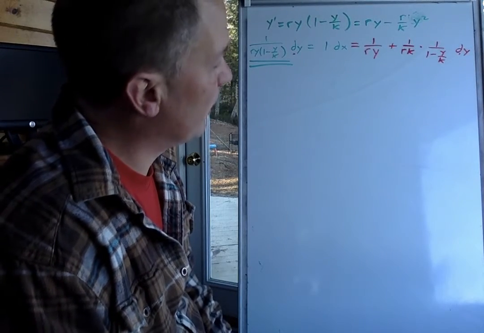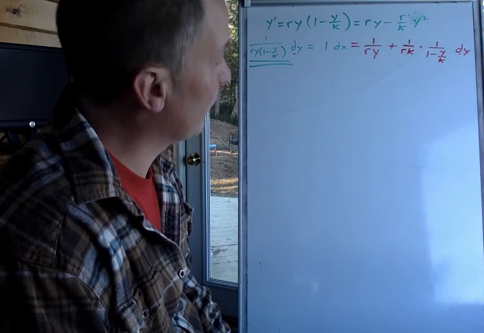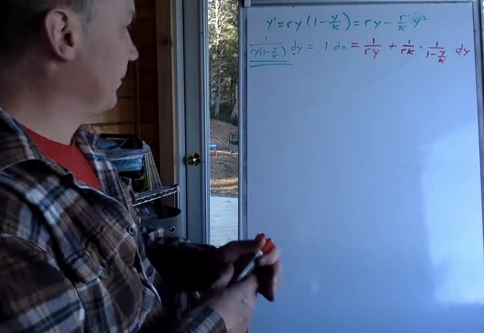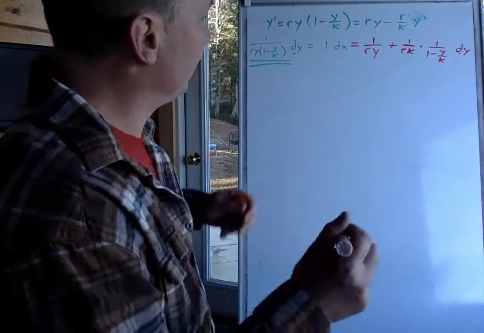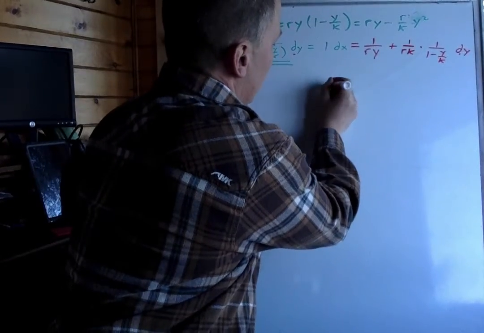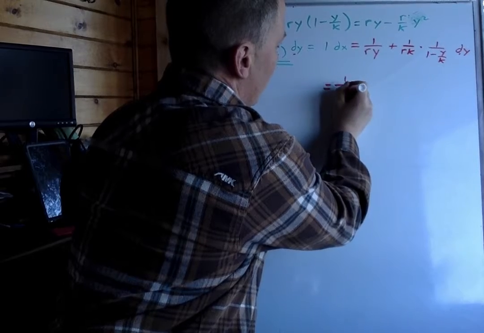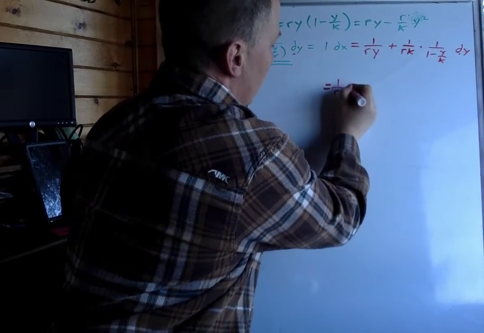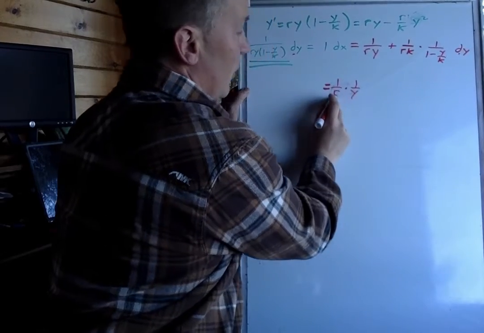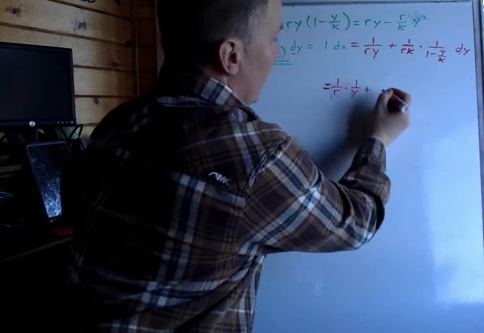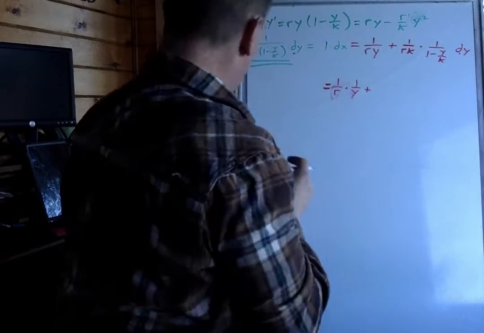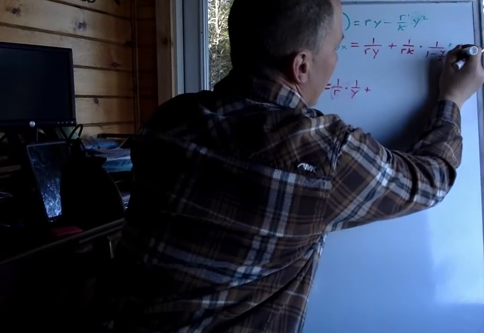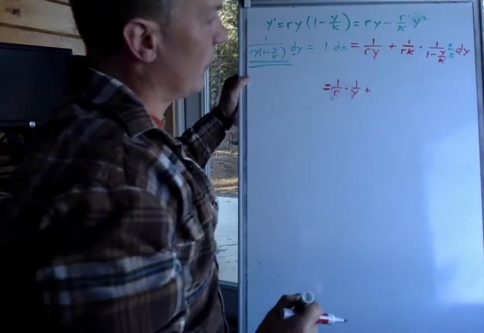Well, if we multiply by k over k, we could get rid of that. So yeah, let's clean this up a little bit. It equals 1 over ry. Actually, I'm going to rewrite that as 1 over r times 1 over y, because 1 over r is a constant, plus this term right here. I could multiply this term by k over k if I wanted to.